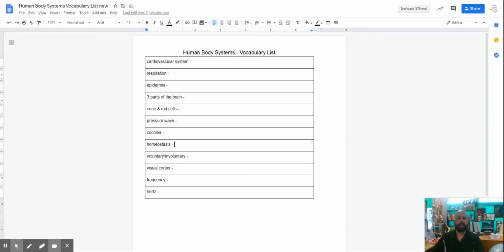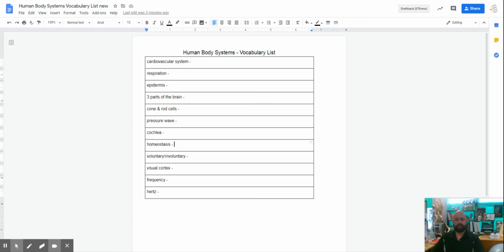An involuntary response is something you can't control. For instance, if there's a very bright light, you close your eyes. That's an involuntary response. If you've ever been to the doctor and they hit your knee and your leg kicks out, that's an involuntary response. Voluntary can be things like if it's hot outside, you wear lighter clothes or take off a sweatshirt. If it's cold outside, you put a sweatshirt on.